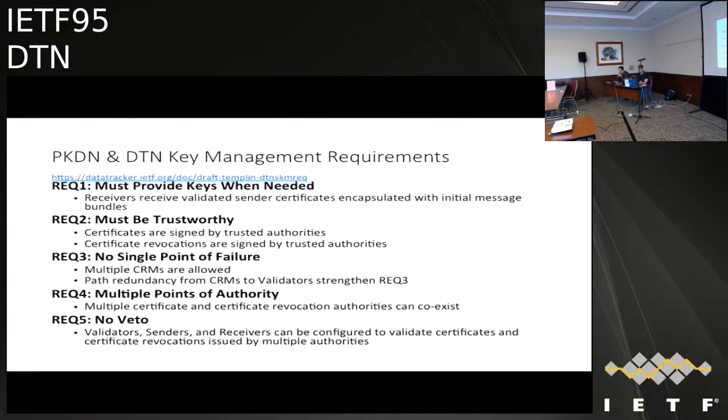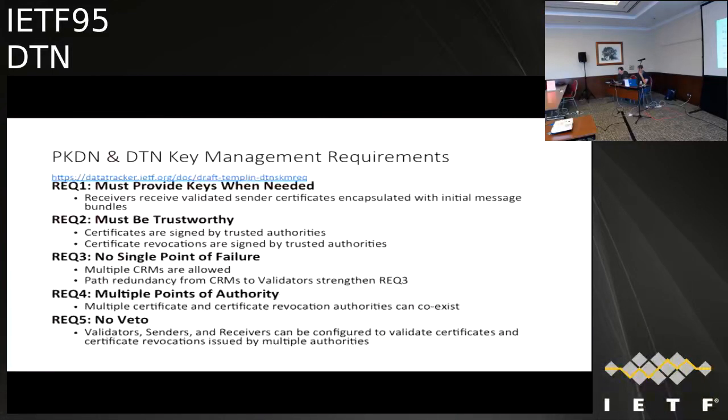So this is requirement 3, and this is how it can be met. Requirement 4 is multiple points of authority. As I said, we can have digital multi-signatures. We can have more than one certificate revocation manager. In fact, certificate issuance and certificate revocation are kept as 2 separate trust parts. So the person who's issuing the certificate need not always be the person who revokes the certificate. That way, we don't have multiple points of authority necessarily.